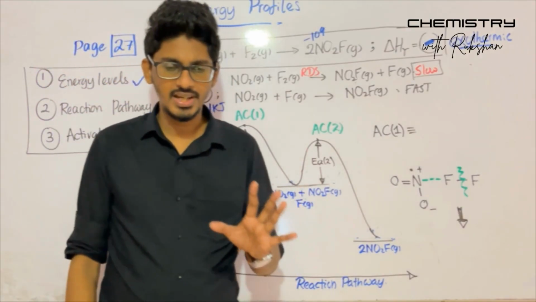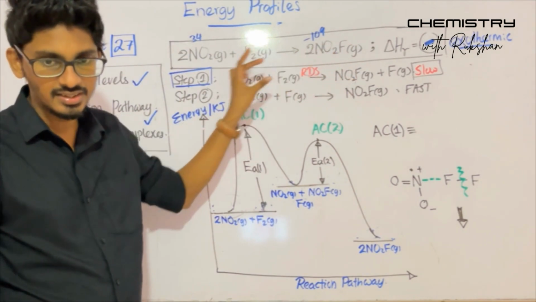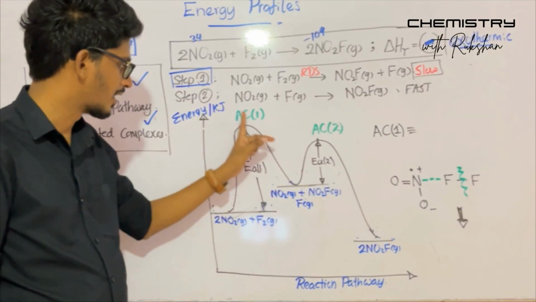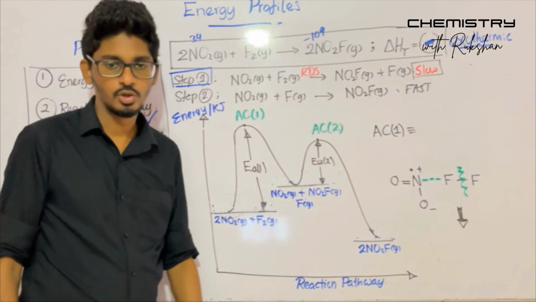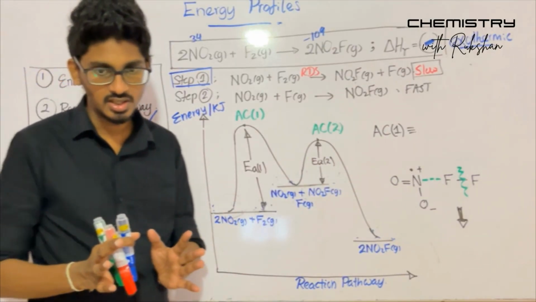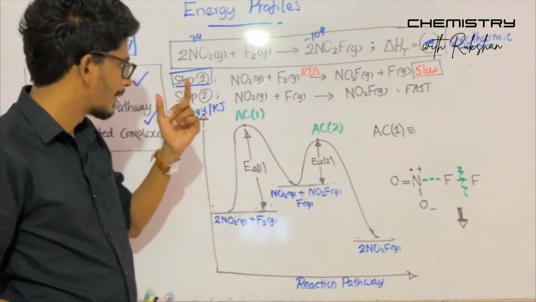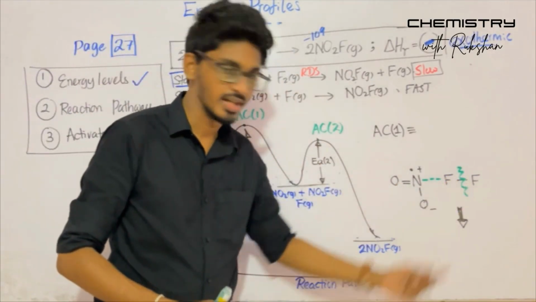If you are supposed to complete the activated complex 1, just consider step 1. This is step 1. At step 1, you get the activated complex 1. At step 2, you get the activated complex 2. So if you are supposed to come up with the activated complex 1, what you need to do is come up with the two reactants of step 1.